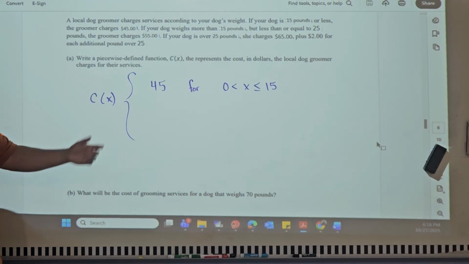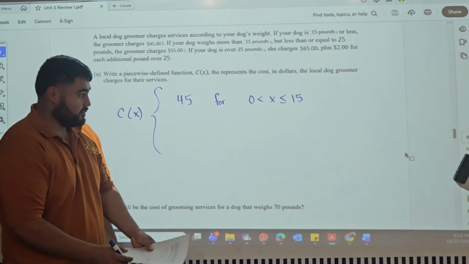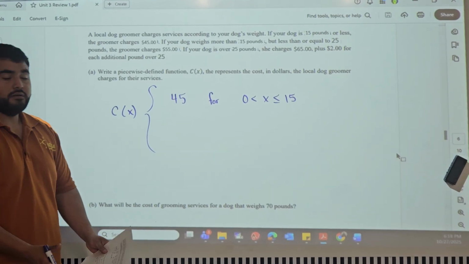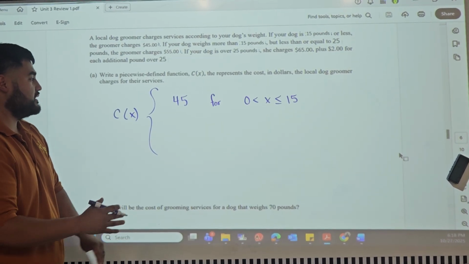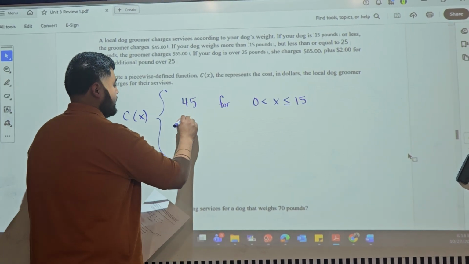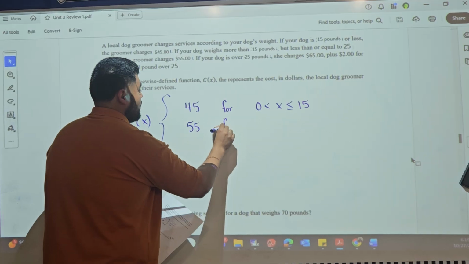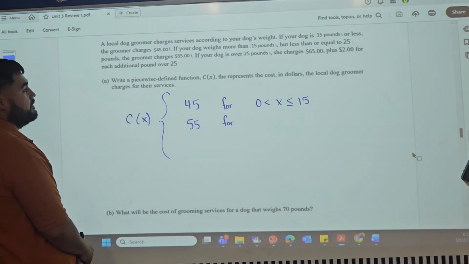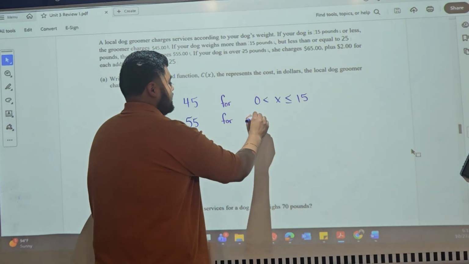That's the first equation. A piecewise function, again, is made up of different equations. Doesn't matter if they're all linear, constants, quadratics, cubics, or whatever, they're all put together. Here, they're going to charge us $55 for a dog that weighs more than 15 pounds.